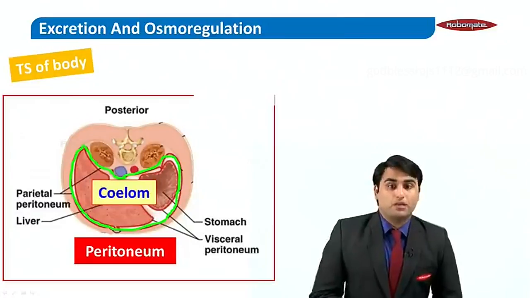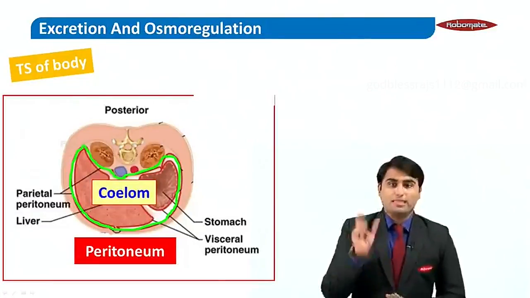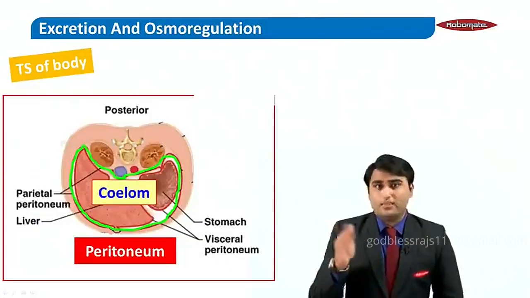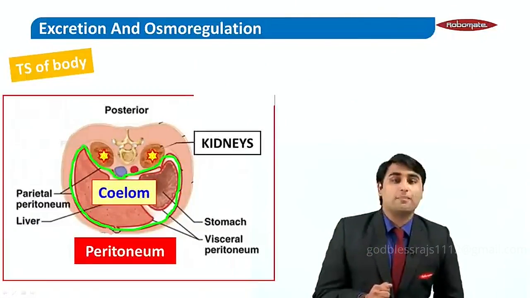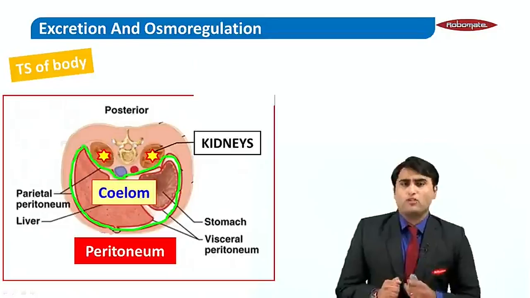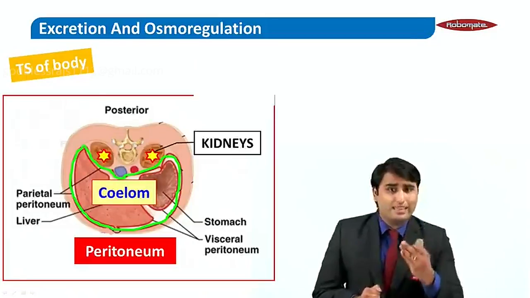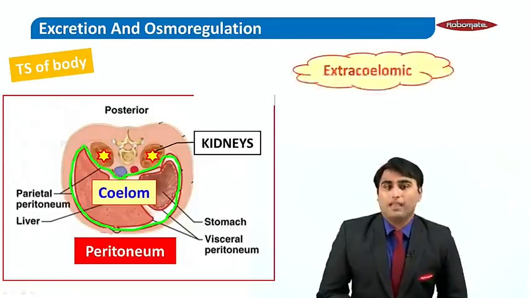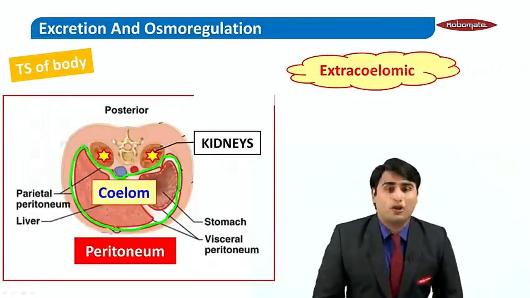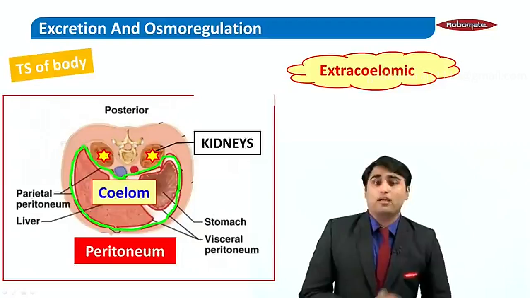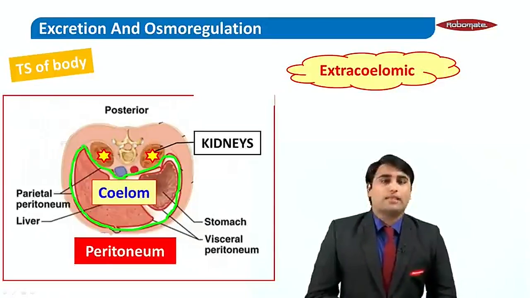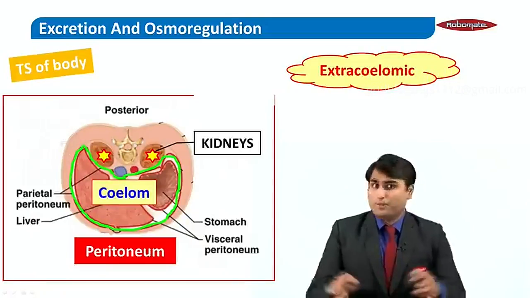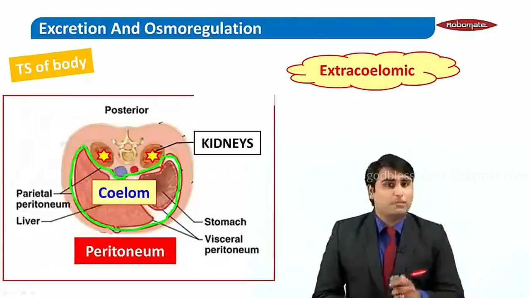Now if you observe behind the coelom, you can see the vertebral column, and on either side of the vertebral column you can see the kidneys. But what you can notice, my friends, is that the kidneys are located behind or outside the coelom. Hence the kidneys are also called extracoelomic because they are outside the coelom. And since they are outside the coelom, they are not present in the sac-like cavity called the peritoneum.